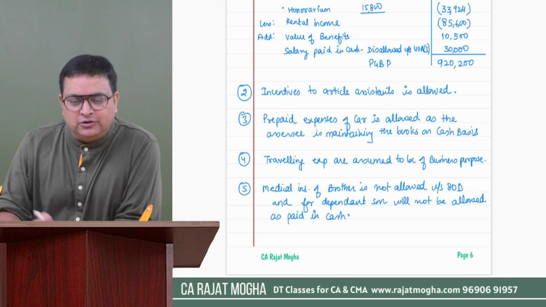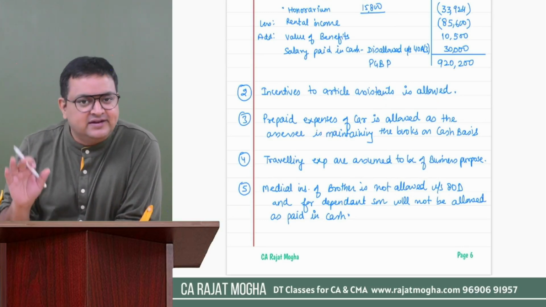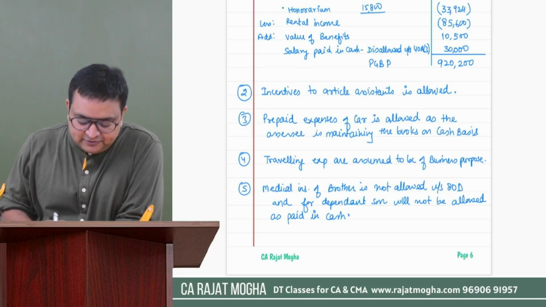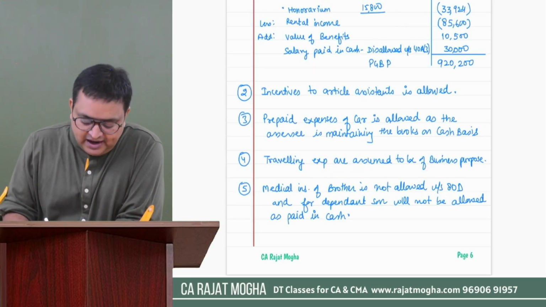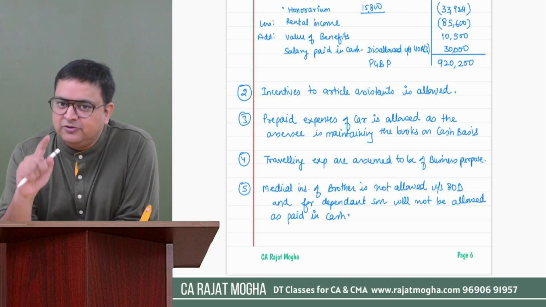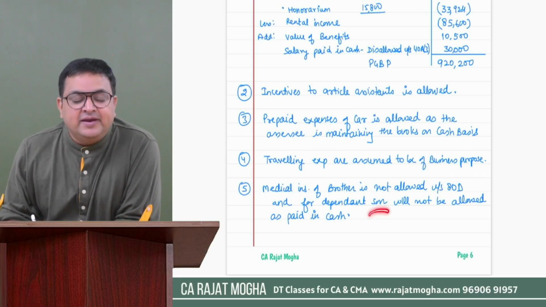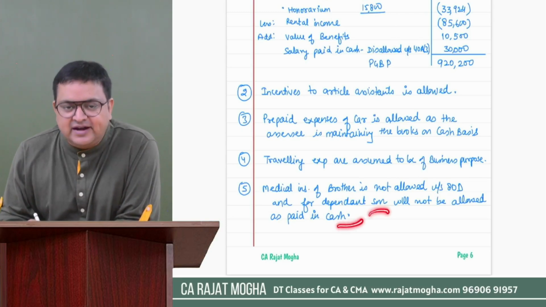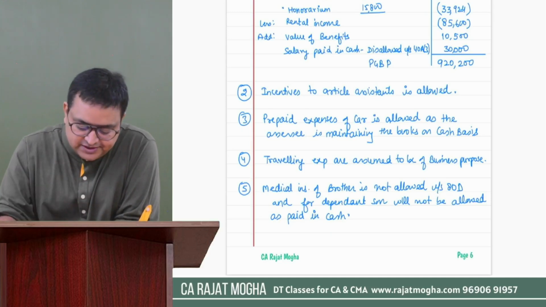Prepaid expenses are allowed too, because now we are following the cash basis of accounting. Traveling expenses are assumed to be for business purposes, and medical insurance of the brother is not allowed. Even if that person is dependent, medical insurance is not allowed. For dependents it could have been allowed, but because it is paid in cash, we are not going to allow 80D for this particular question.